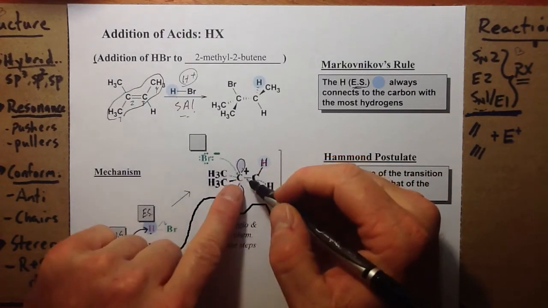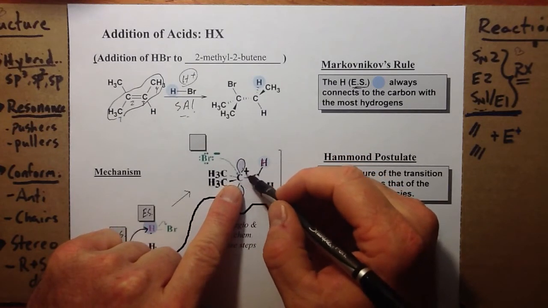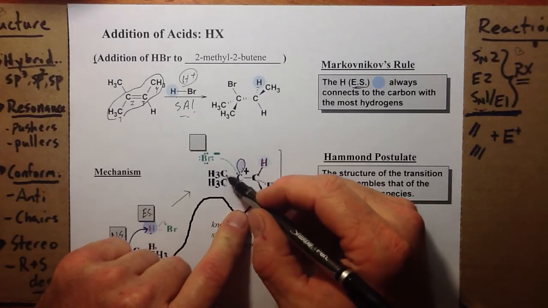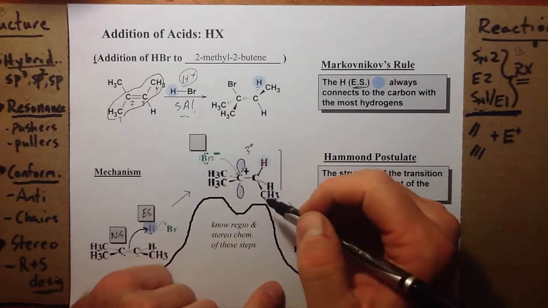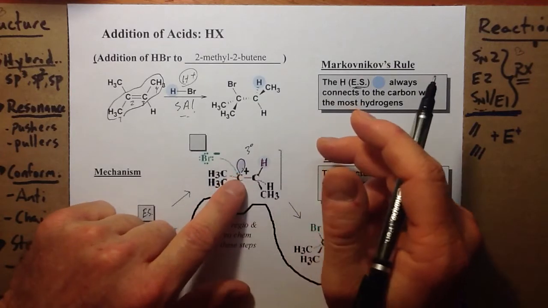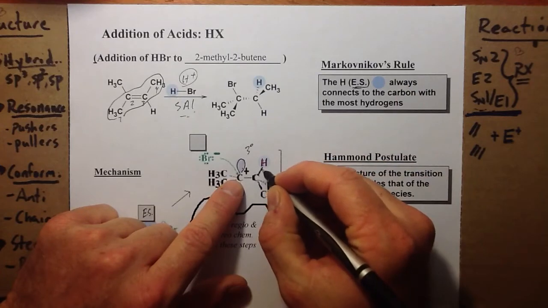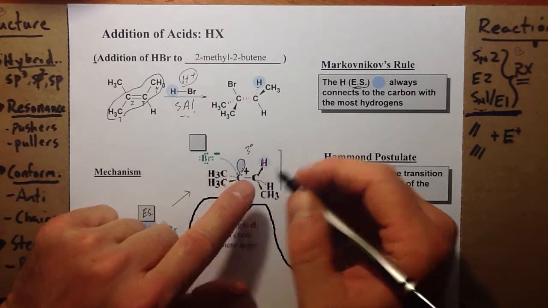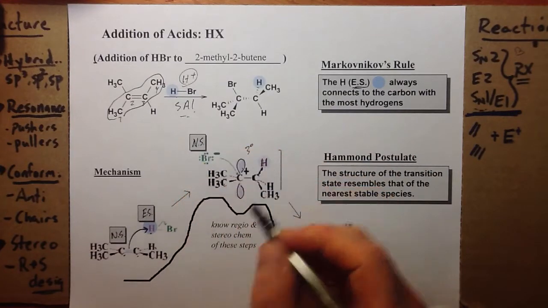This positive charge would be most stable because it's tertiary. The carbon with positive is connected to 1, 2, 3 carbons. It would be a tertiary carbocation. So it's really about the stability of the positive charge left behind, not so much about this bond and the stability or strength of it. Now we're ready for our second step in this mechanism.